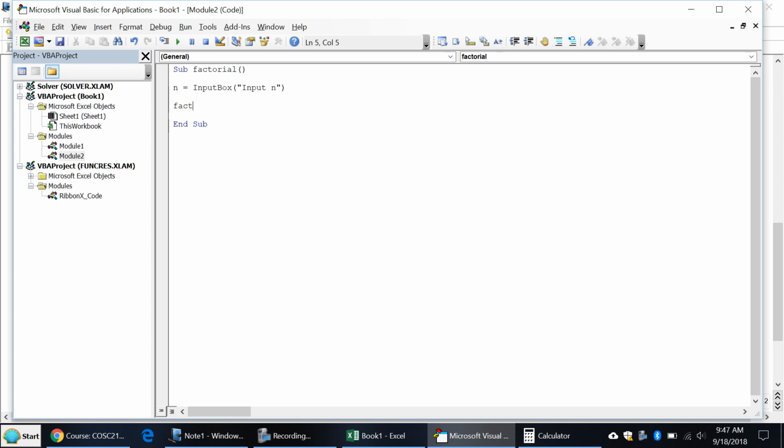And I'm going to say fact is equal to 1, just to start out with something. I'm going to say for I equal 1 to n. Come down here and type in next I. Go ahead and get that. And I'm going to say fact is equal to fact times I. And I'm going to say MSG box fact.